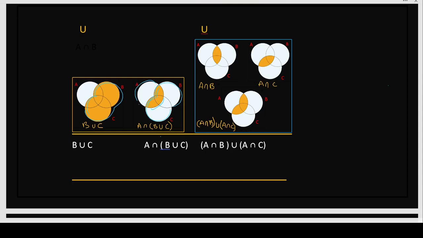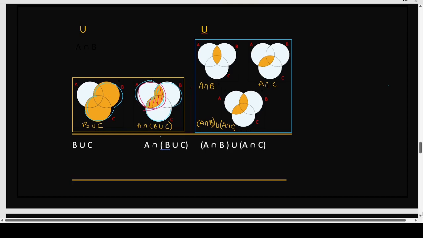This portion is common to B union C and A. B union C is this and A is this. This is the portion. This area is A intersection B union C. You will have a lot of this type of problems in future. Focus on this. This concept is very much used in future Venn diagram problems.